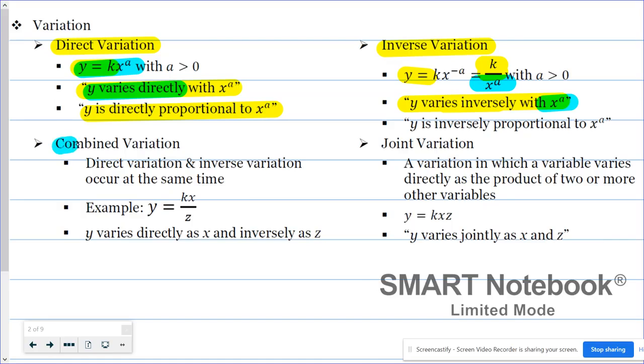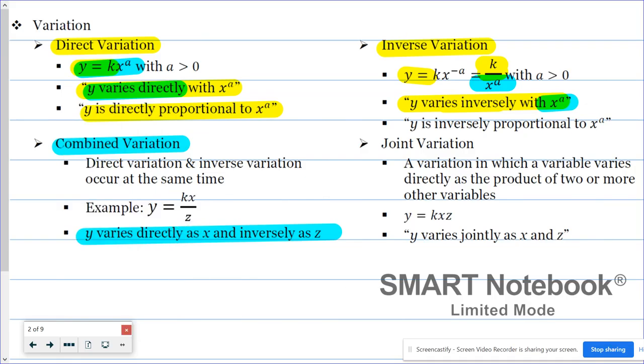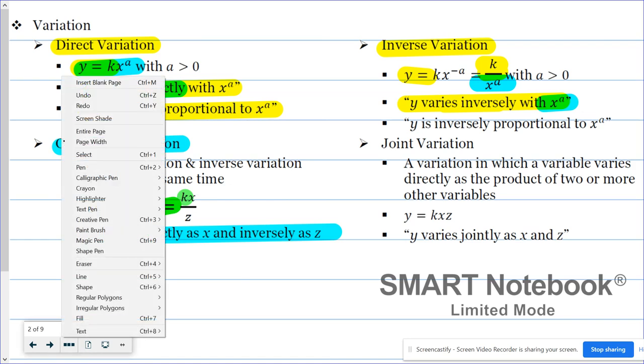Combined variation, both of these things are happening at the same time. Like y varies directly as x and inversely as z. We're starting with that whole y varies directly as, and so we're writing y equals k times something. And then inversely as z implies that we need a division bar.